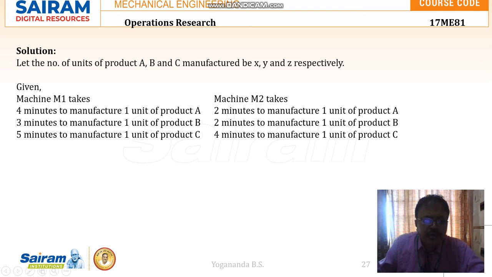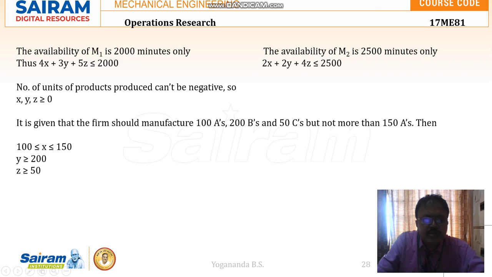For 1 unit of product C it is 5 minutes, so for Z units of product C it is 5Z. So it is 4X plus 3Y plus 5Z, and that should not exceed 2000 minutes. So 4X plus 3Y plus 5Z is less than or equal to 2000.